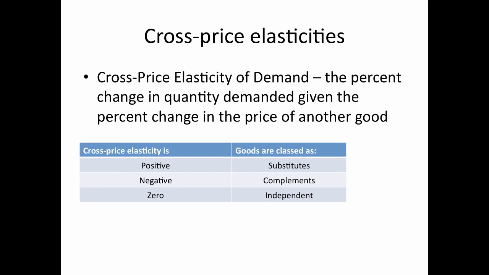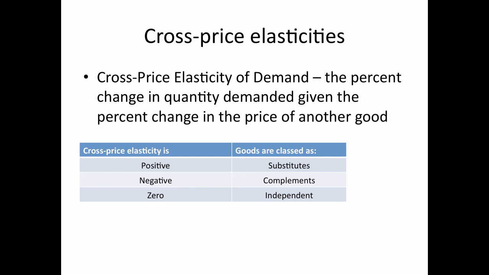And so what's happening there is if the price of the substitute good goes up, quantity of that substitute good goes down, and quantity of the good that you're interested in goes up. So price of the substitute good and quantity of the good that you're interested in move in the same direction, and so the cross-price elasticity is positive.